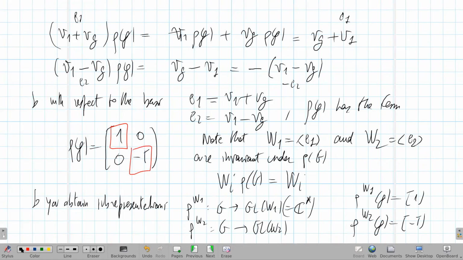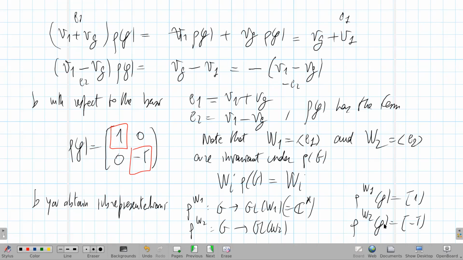And we'll give a formal definition, but you see that, in a sense, we have decomposed the representation. The formal definitions will come, but it's important to have examples at hand when the definitions come. So we have decomposed this representation into two representations of dimension one.